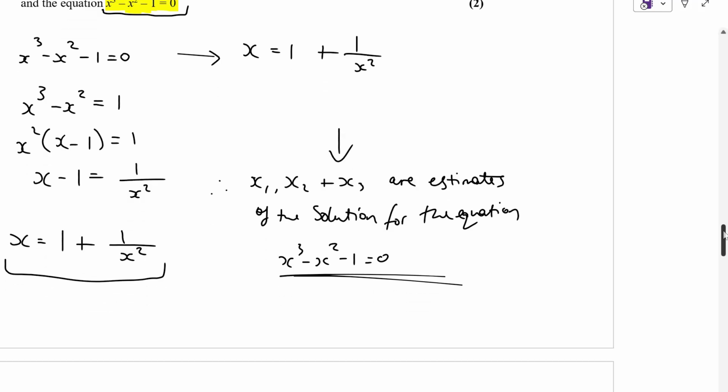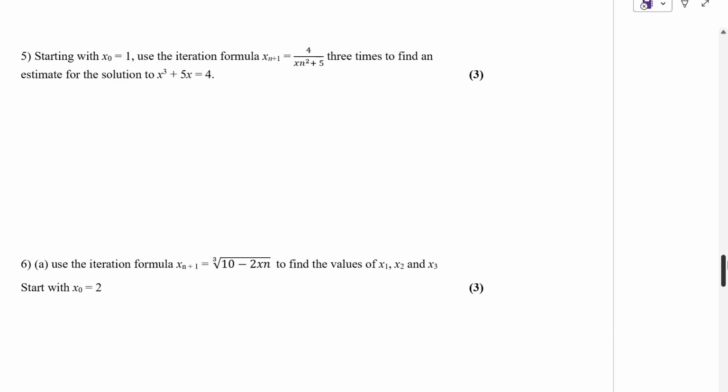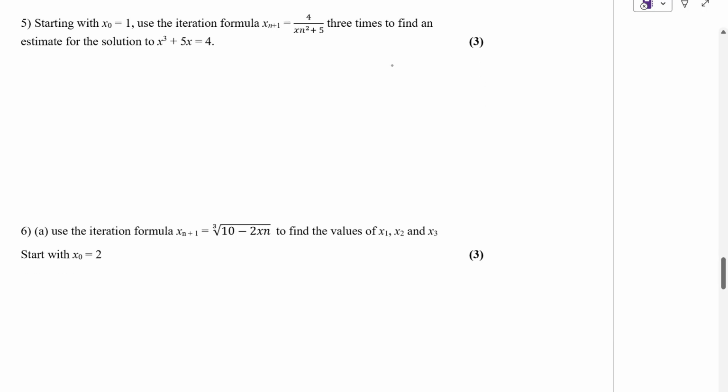Okay, so those are the main variations of questions that you usually see with iteration. Either we're finding x1, 2, and 3, using this iteration function formula, just subbing in the values, or we could be asked to show that a solution lies in between two numbers, and again we've looked at that previously. Sub them both in, one is positive, one is negative.